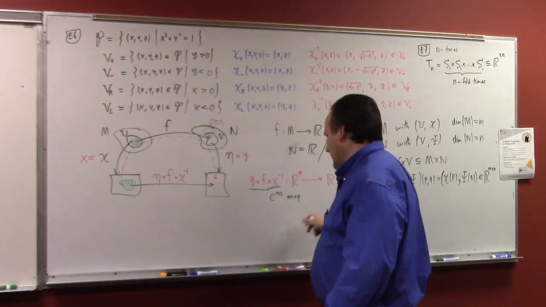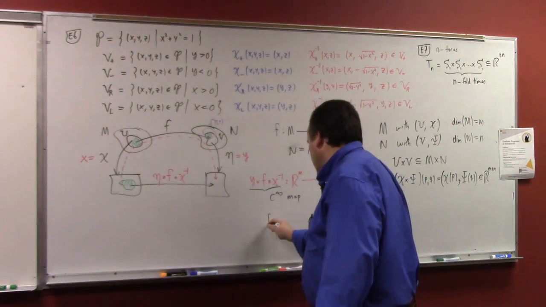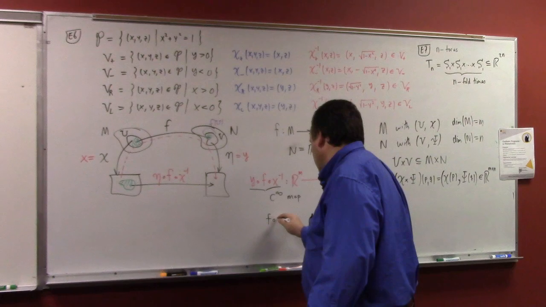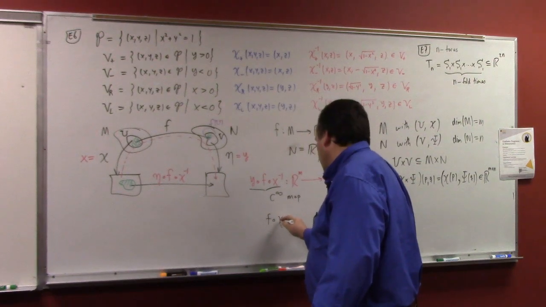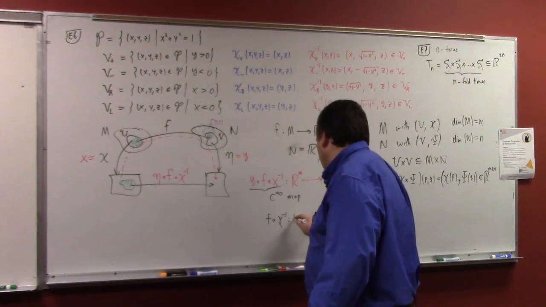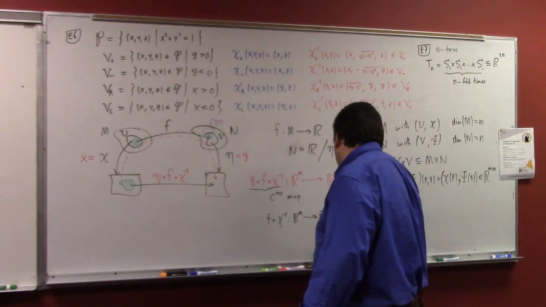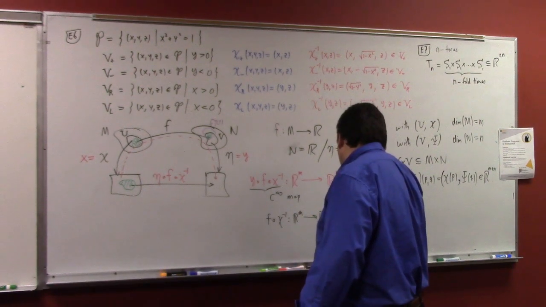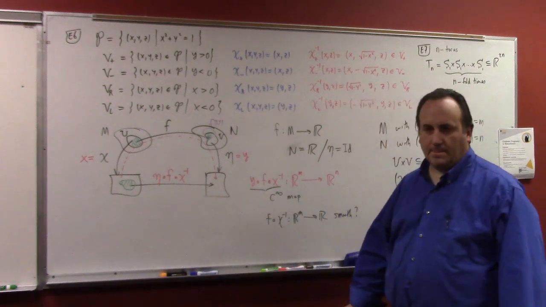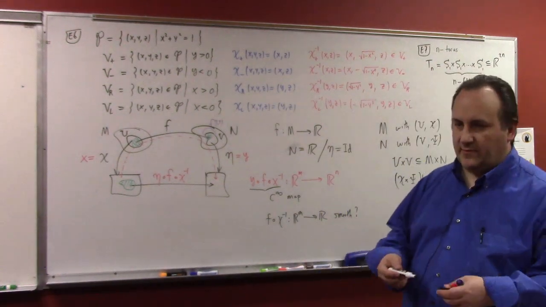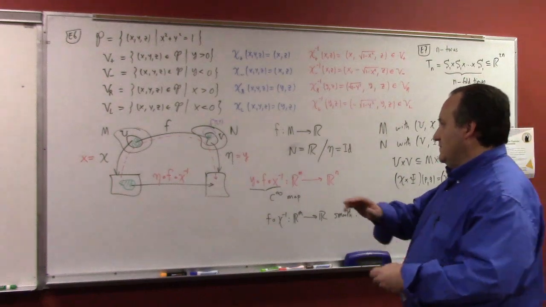This simplifies to just the question: is f composed with chi inverse, as a mapping from R^m to R, smooth? So for a real valued map, we don't have to mess with all of these.